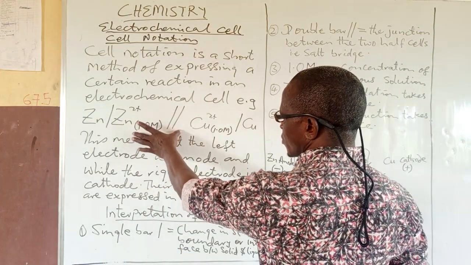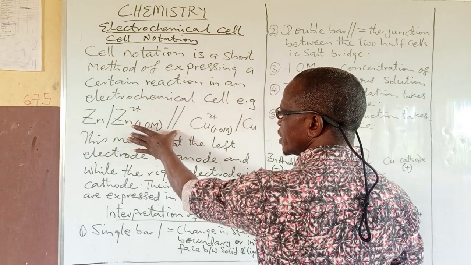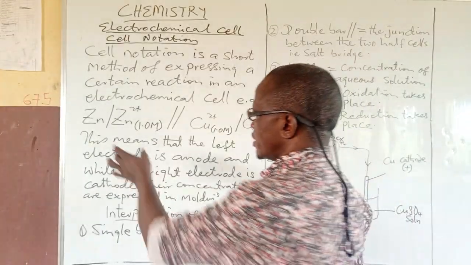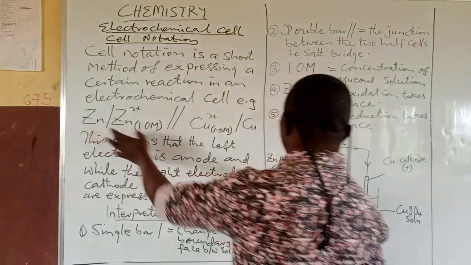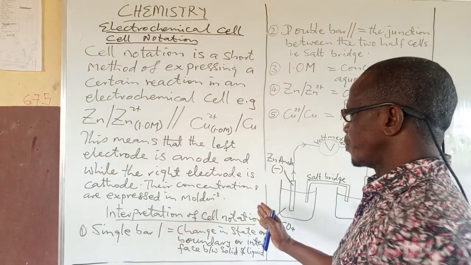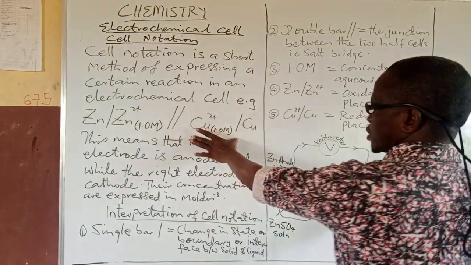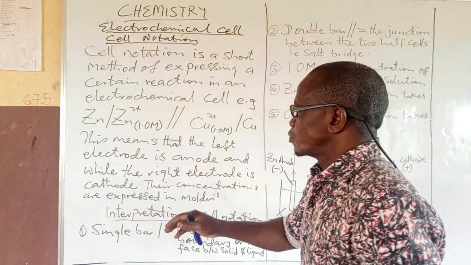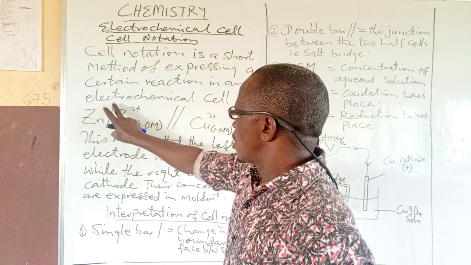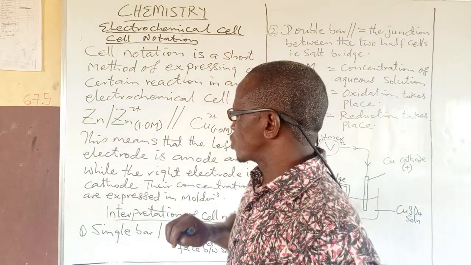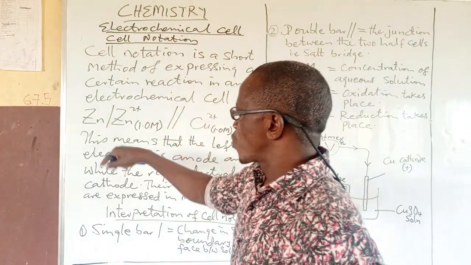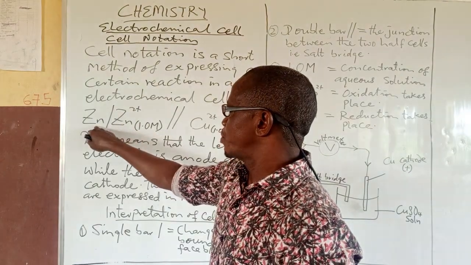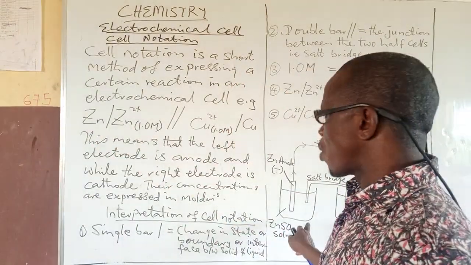So drawing and labeling all these, somebody has finished it with this simple term. You also need to know that this half cell is where oxidation takes place, and this half cell is where reduction takes place. On the side of the oxidation, if you write the solution before the electrode, you are wrong.